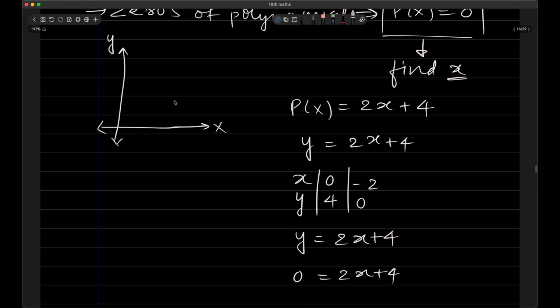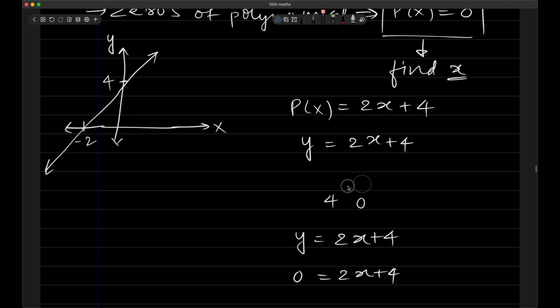And then we plot the curve, that is for x equals to 0 we get y equals to 4 and for y equals to 0 we get x equals to minus 2, and we plot the curve.